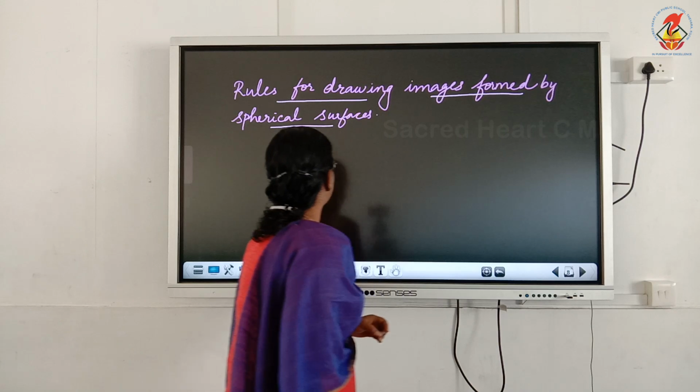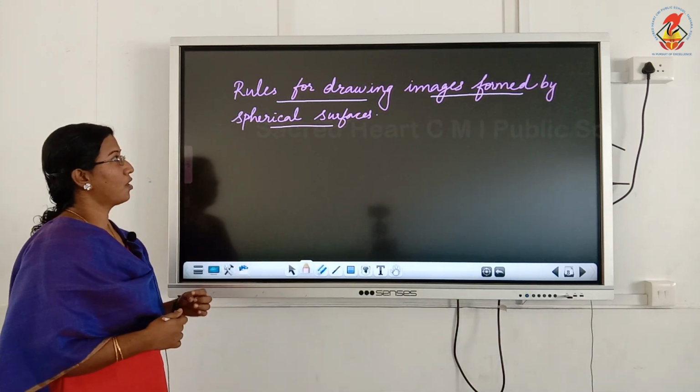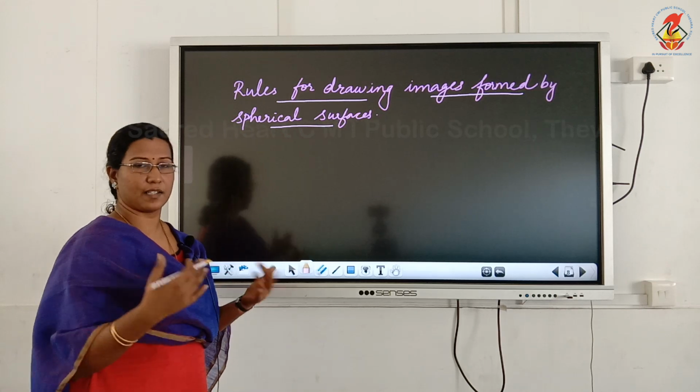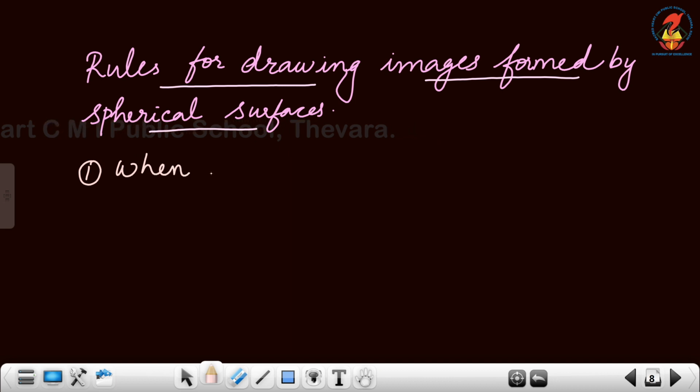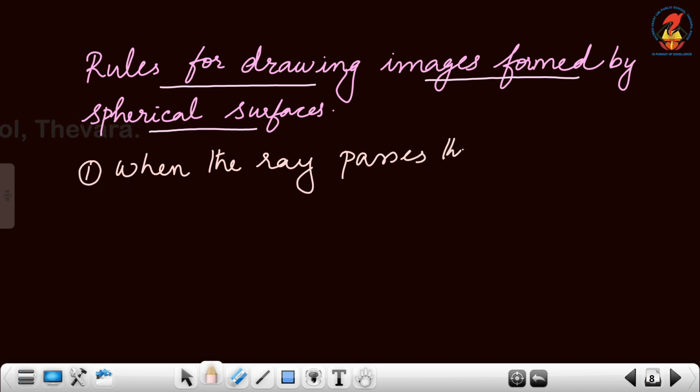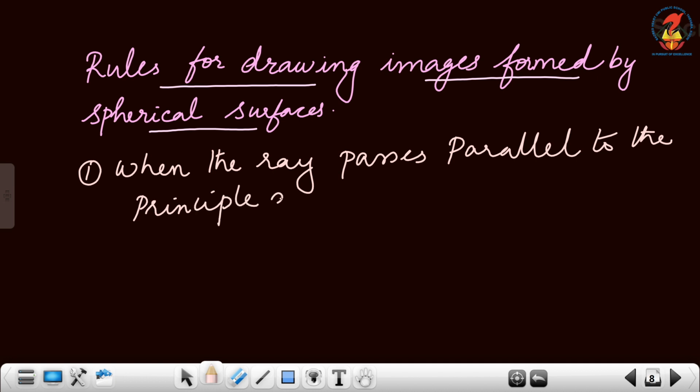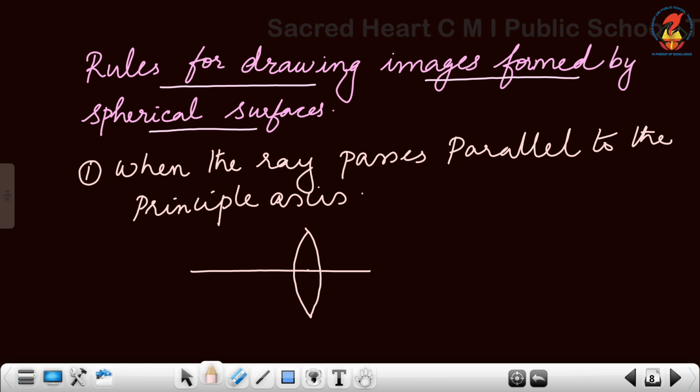Now let us see what are the rules used for drawing the images for a convex lens. Concave lens also you will get the similar ray diagrams. First one, when a ray passes parallel to the principal axis, so we have a convex lens, and if a ray is passing parallel to the principal axis, then after refraction what happens?